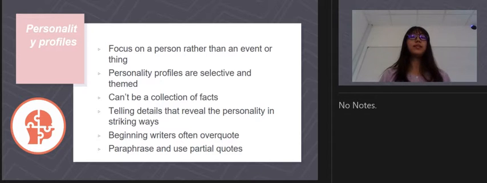You need to tell the particular details that can reveal the personality in striking ways. And also, beginner writers will often overquote the person's words. So instead, use paraphrase or partial quotes.